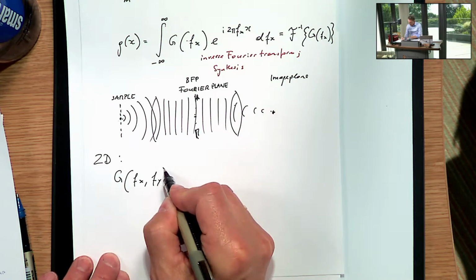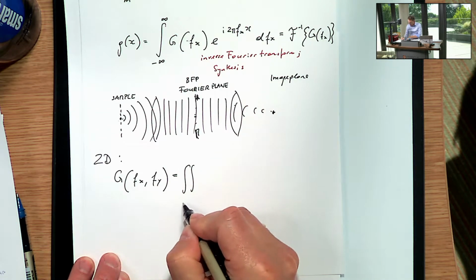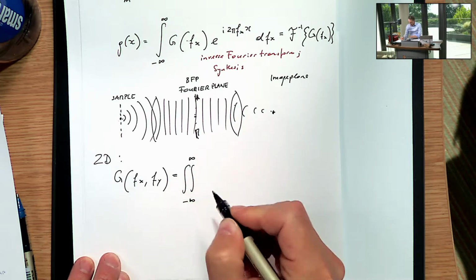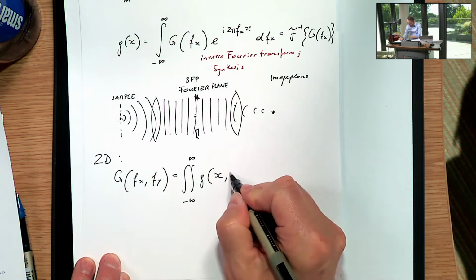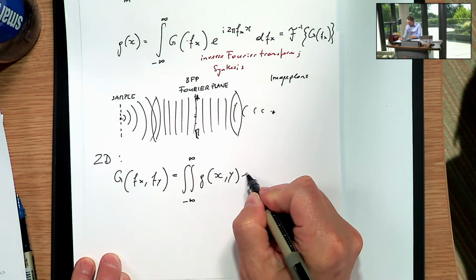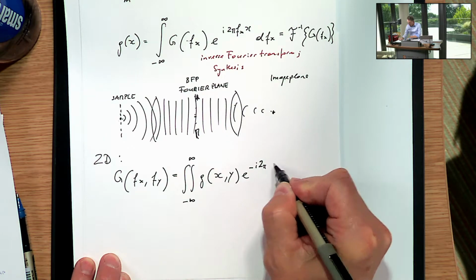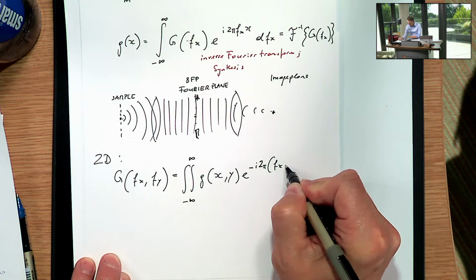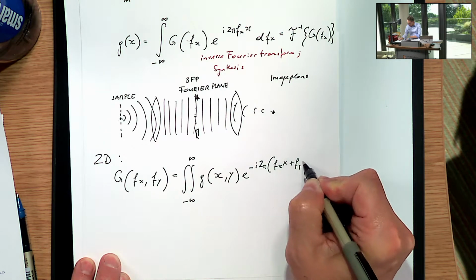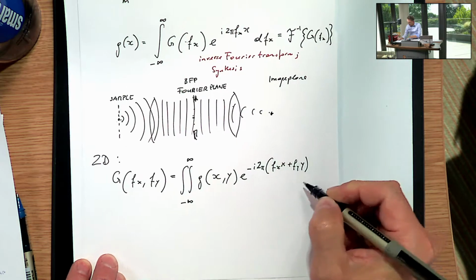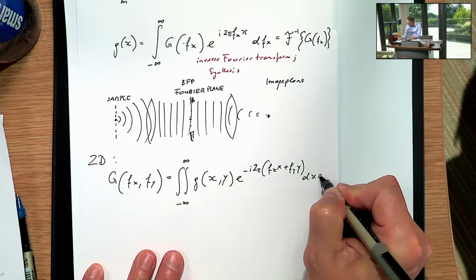So here in 2D, you perform an integral over both coordinates, and now your function, like this checkered pattern, is a function of x and y, and the Fourier transform is e to the minus i times 2 pi (f_x x plus f_y y), so spatial frequency along the y direction, spatial frequency along the x direction, and we integrate over dx dy.